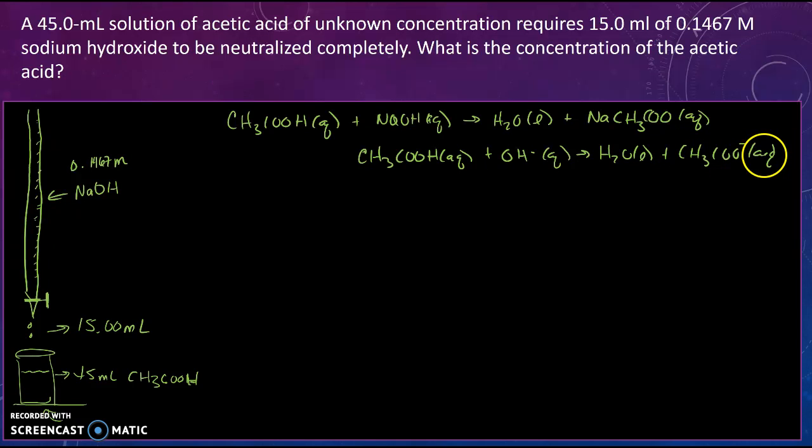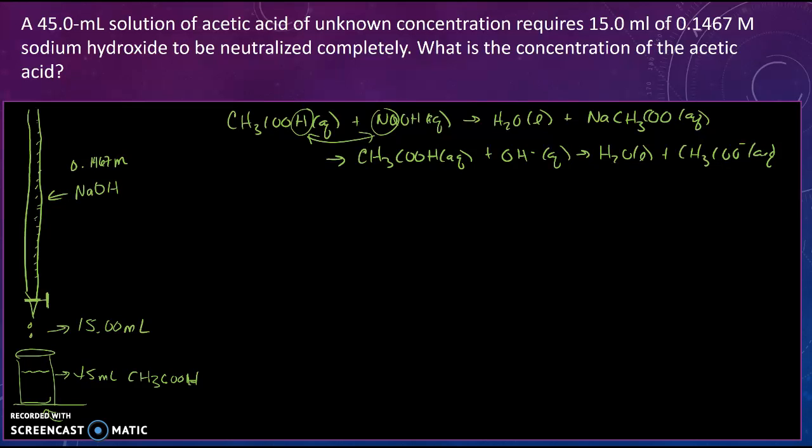Okay, so this is the net ionic equation, and this is what acid-base neutralization is. It's very much like a precipitation reaction in that it's a double replacement. So we have this positive ion, this H plus right there, and that positive sodium, and they just kind of switch partners, and they're going to form water plus a salt.